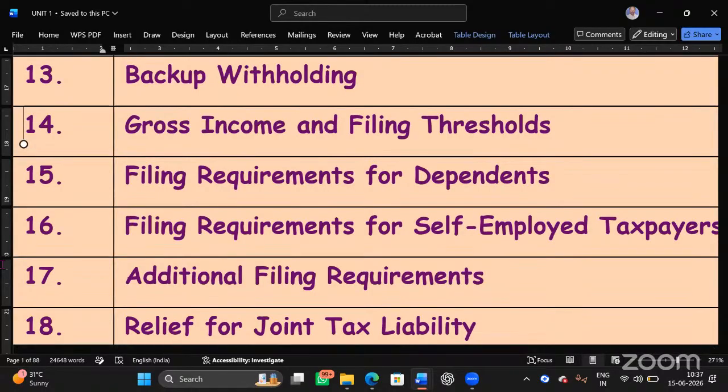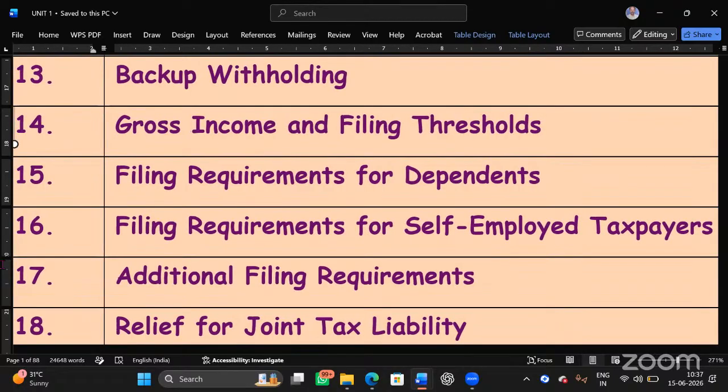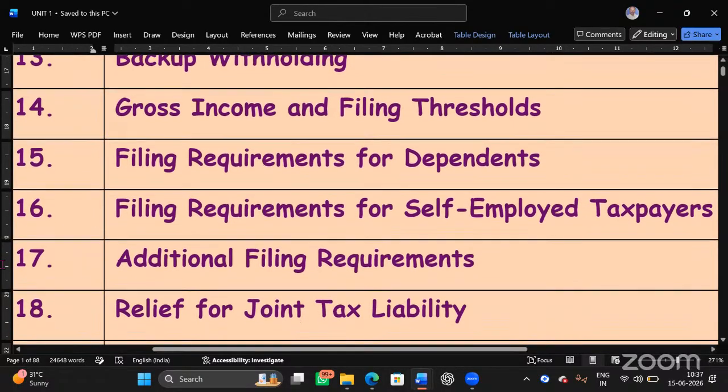Filing requirements for some self-employed taxpayers. Suppose any person is running a small business individually. In that case, how to calculate tax will be explained very clearly in topic number 16.